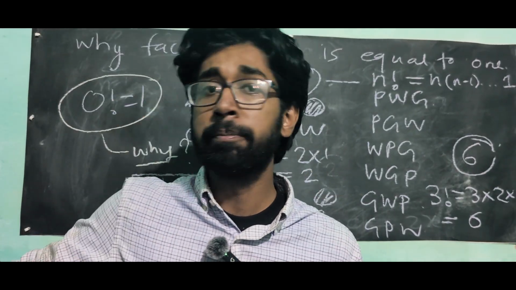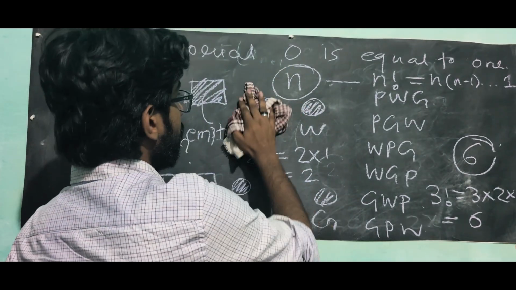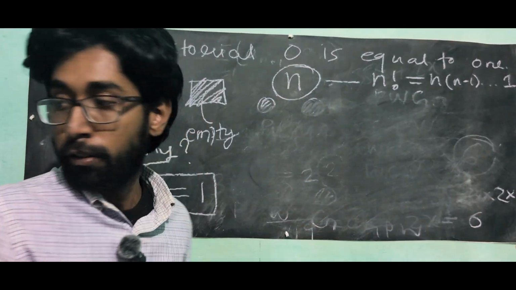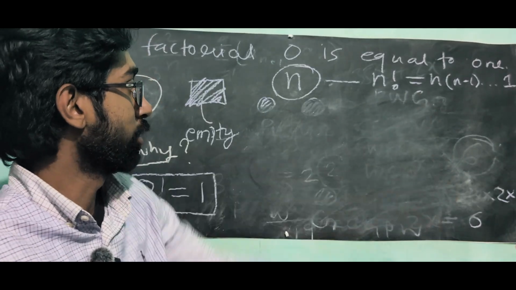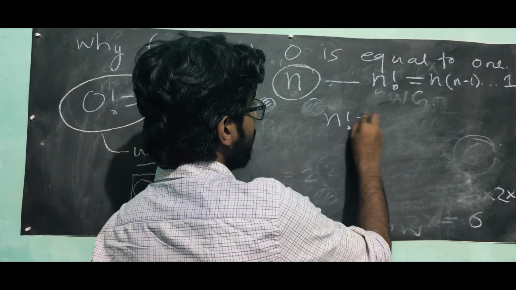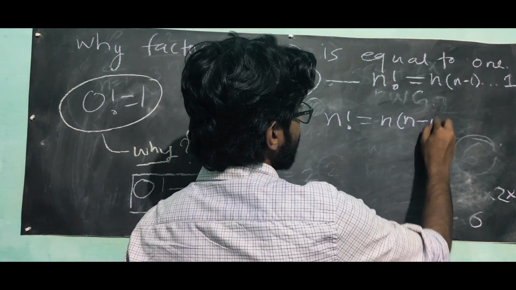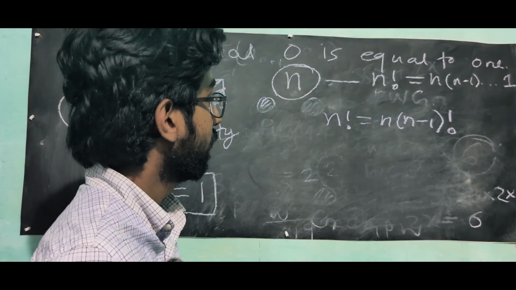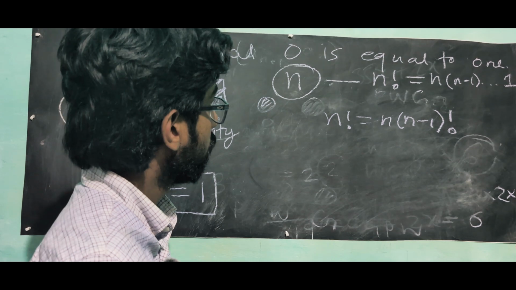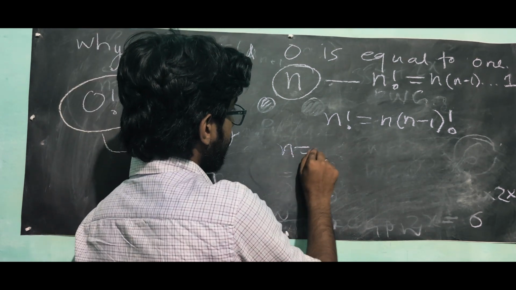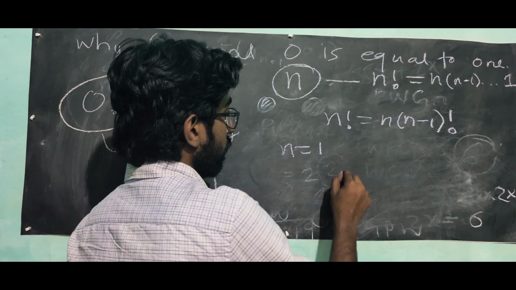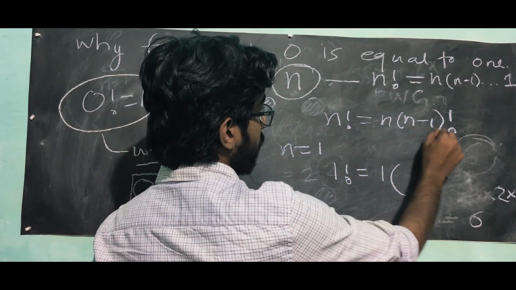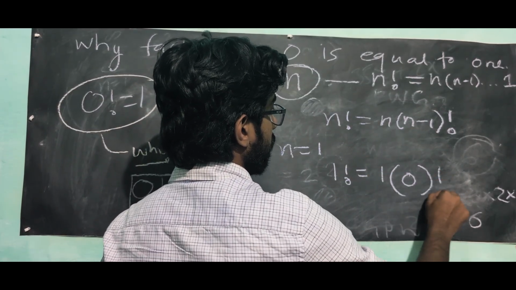Now we come to the mathematical proof. We will use this definition: n factorial is nothing but n times (n minus 1) factorial. If I take n equal to 1, then we get 1 factorial equals 1 times (1 minus 1) factorial, which is 0 factorial.